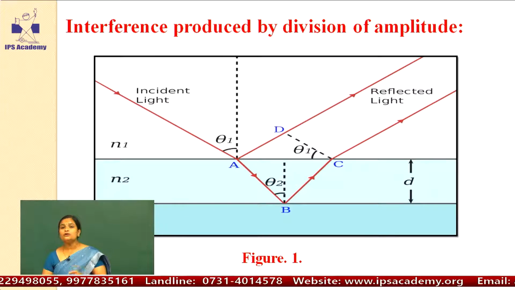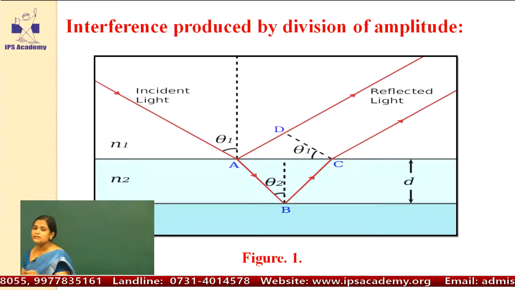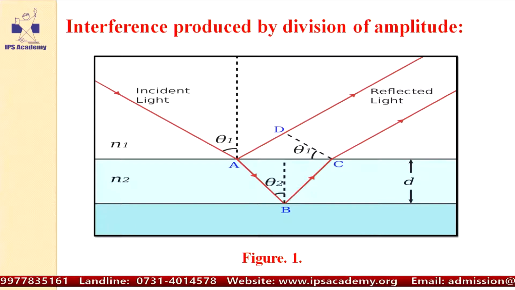In this figure you can clearly see there is a thin film having thickness d, or we can denote it by T also. The refractive index of the medium is N1 and the refractive index of the film medium is N2.